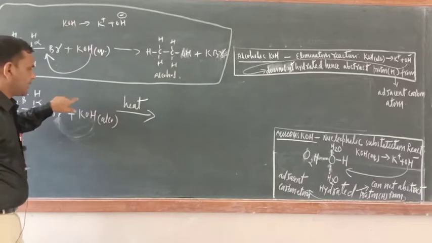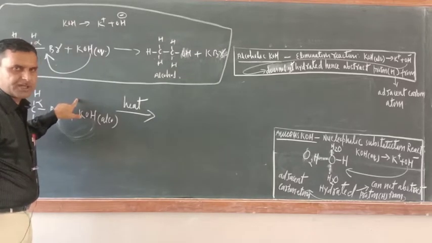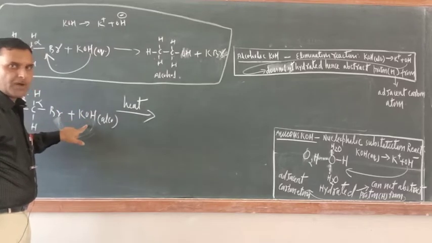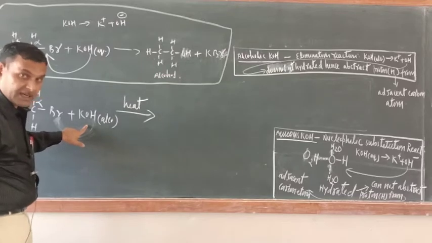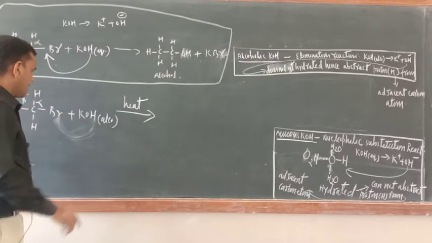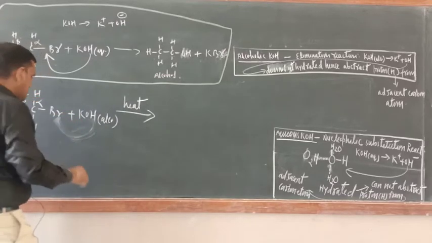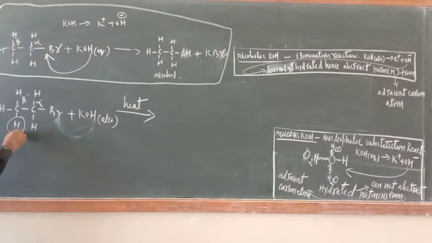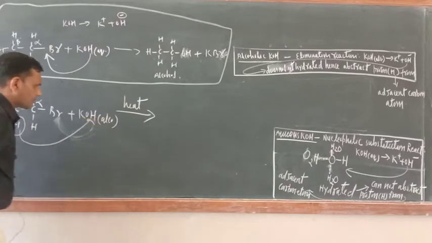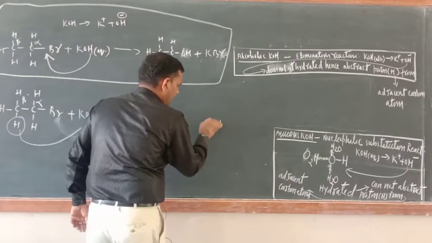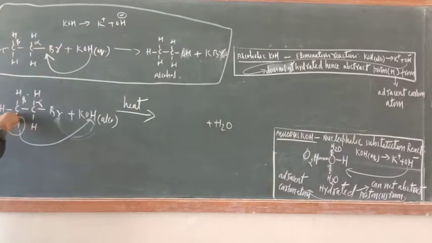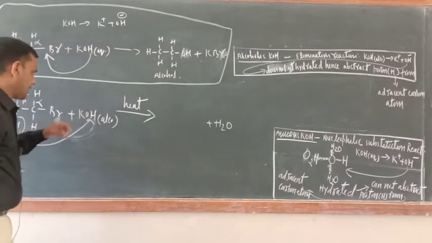Alcoholic KOH also dissociates into K positive and OH negative, but this OH is not hydrated. I will tell you how. Actually here, what would be the product? This OH will abstract this proton, so the product will be H2O from this H and OH.